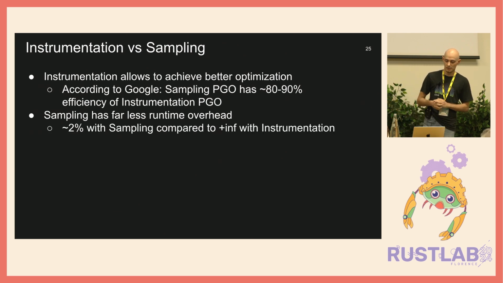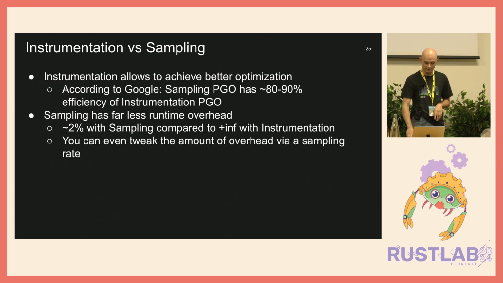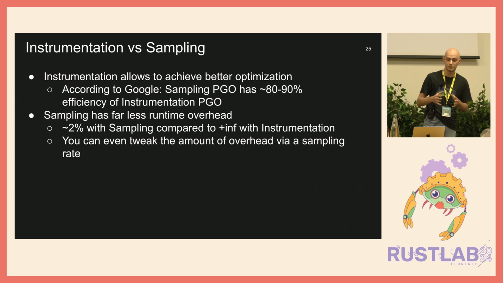That's roughly 2% of sampling overhead compared to plus infinity of instrumentation. Remember the ClickHouse case. And even this amount of overhead can be tweaked just by tweaking how frequently you sample your application during the training phase.